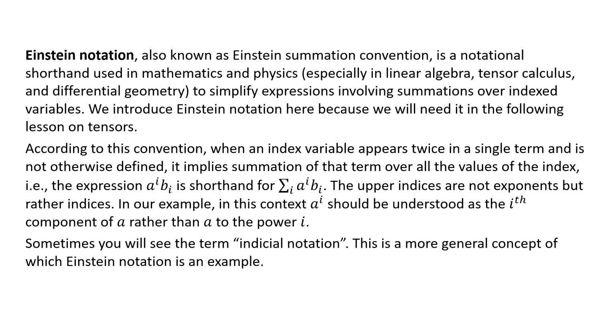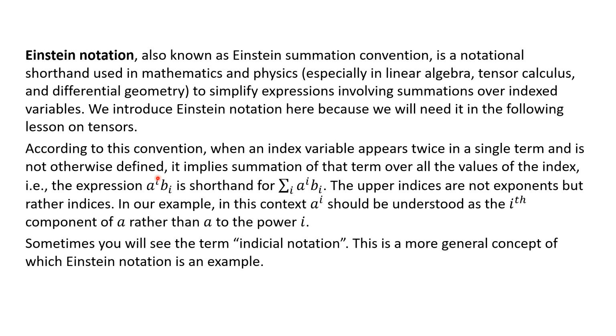According to the convention, when an indexed variable appears twice in a single term and is not otherwise defined, it implies summation over that term over all the values of the index. So I have a very simple example here. This notation A^i B_i is shorthand for the summation over i of A^i B_i.